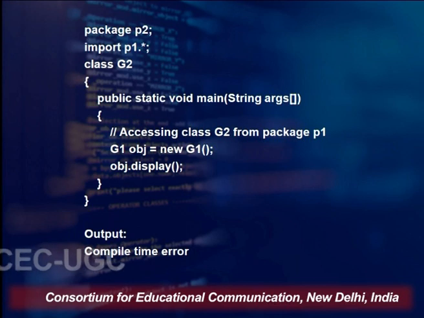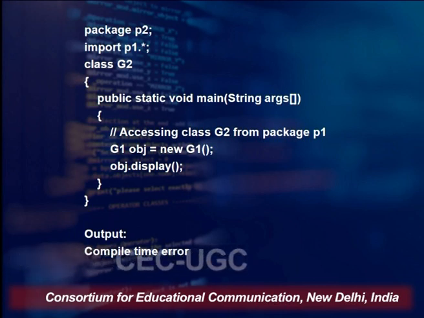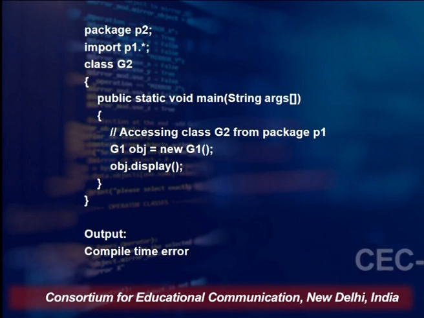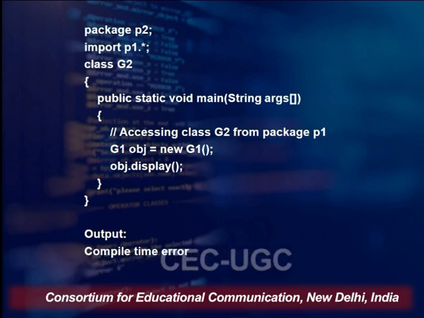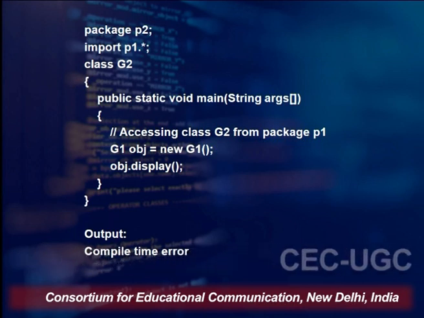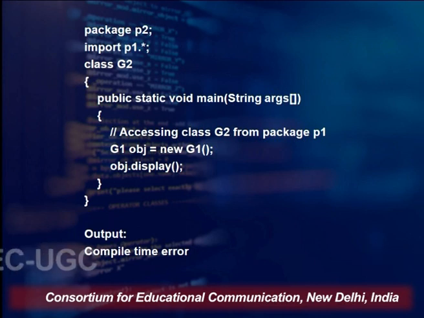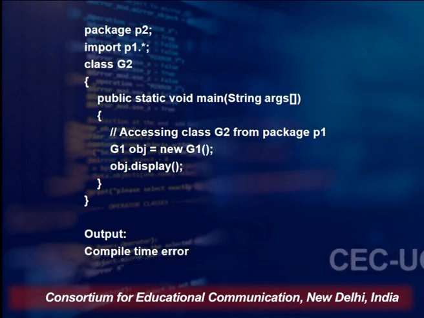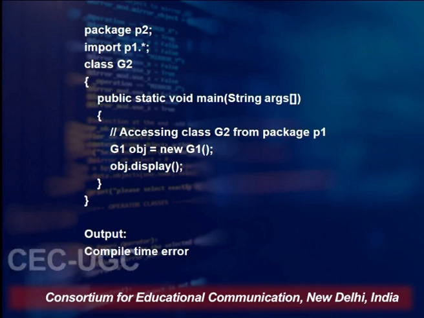Now the class G1 is actually available here by the virtue of the statement import P1 dot star, but as that is having a default access specifier, it is not declared as a public class. So that means this cannot be accessed by the elements of any other package.